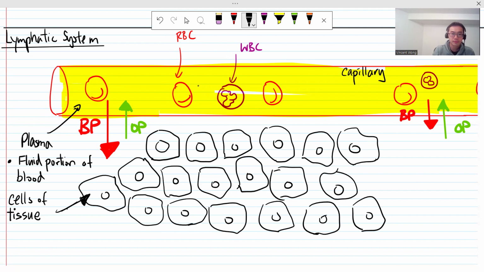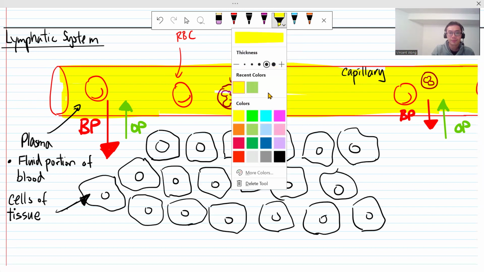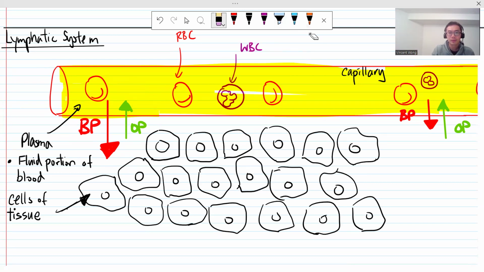Do you remember what happens on the arterial side? Because blood pressure is bigger than osmotic pressure, what's going to happen? Fluid goes into the capillaries?